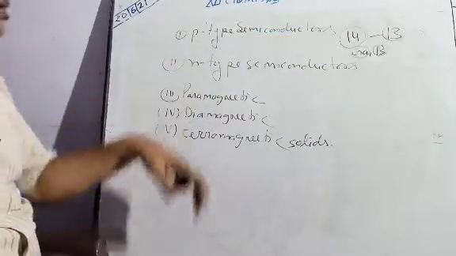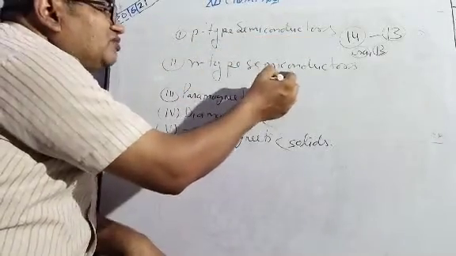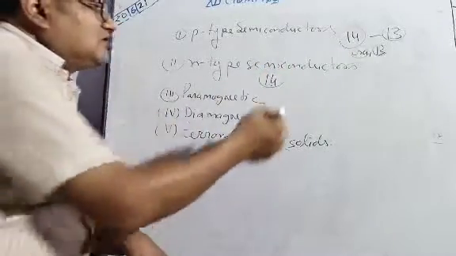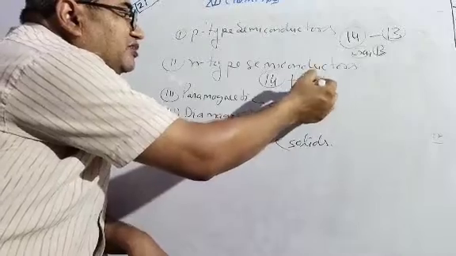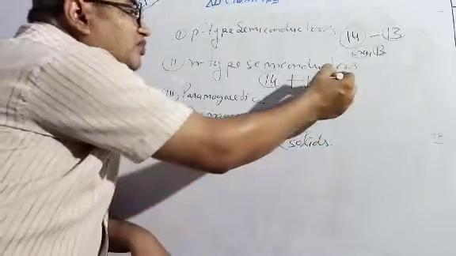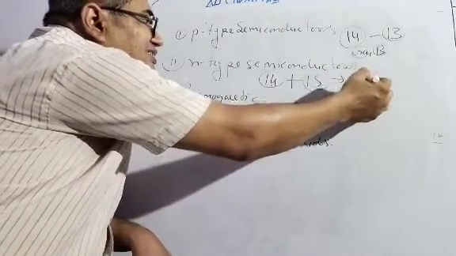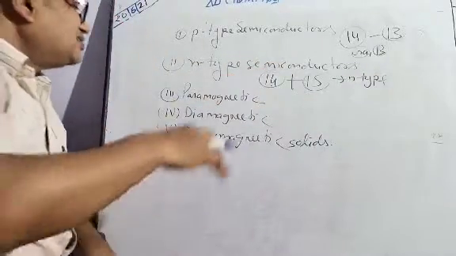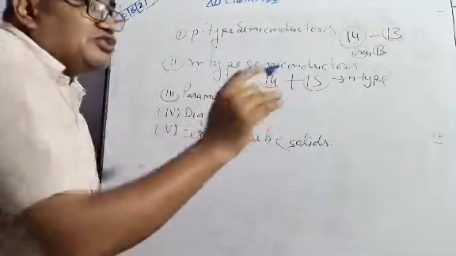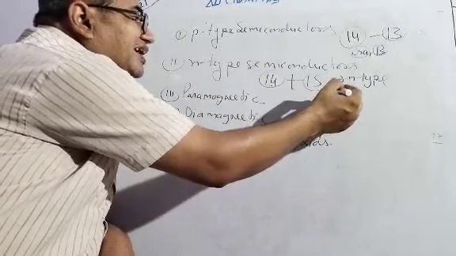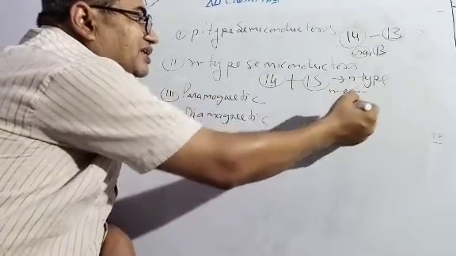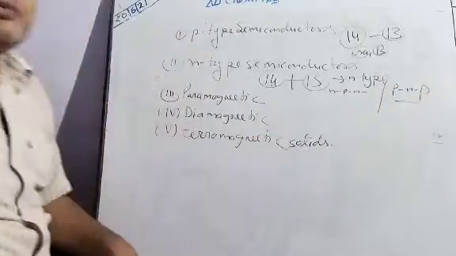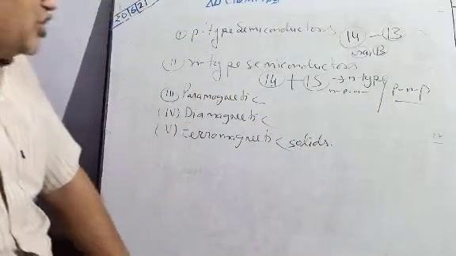Whenever group 14 elements are doped with a group 15 element, we get an n-type semiconductor. These n-type and p-type semiconductors form different kinds of useful properties, and are used in transistors, etc.